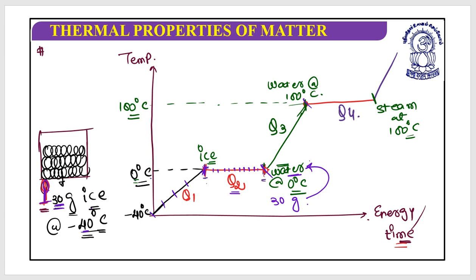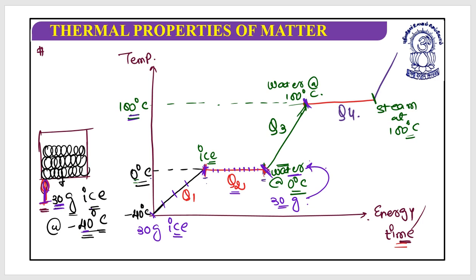So in this situation temperature remains 0 degrees Celsius. Once this 30 gram ice is converted to 30 gram water, it is going to change the temperature from 0 degrees Celsius to 100 degrees Celsius. Have you got this?